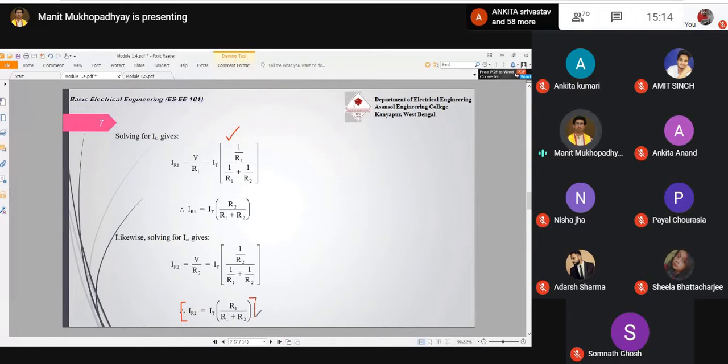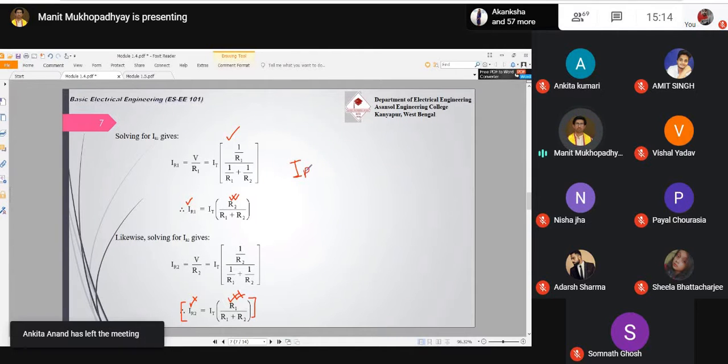Now check here, one very important thing: when IR1 is calculated, the numerator part is R2, and when IR2 is calculated, then R1 is present here. That means when we calculate this IR1, this part, IT by R1 plus R2, is the constant part.